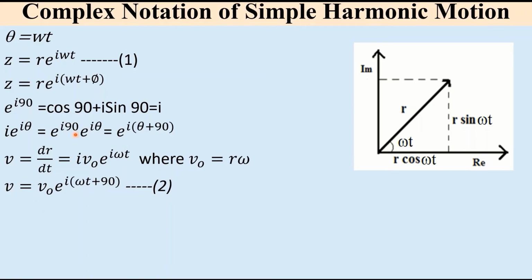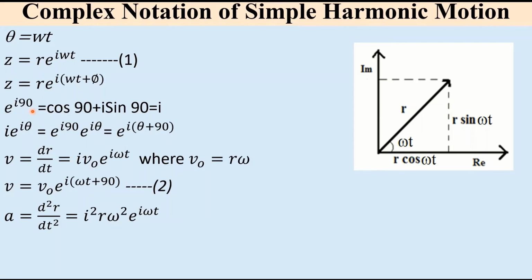So now the acceleration. So acceleration is given by a is equal to d squared r by dt squared. So that is equal to i squared into r omega squared into e to the power i omega t. So here you can replace this i squared by e to the power i 90 into e to the power i 90. So that is nothing but e to the power i 180.